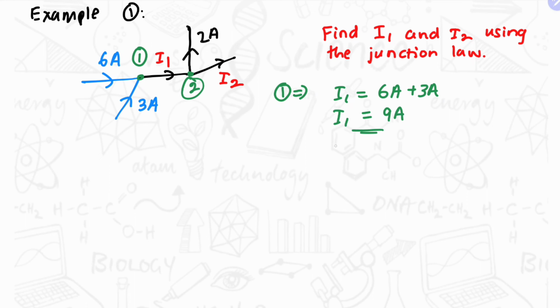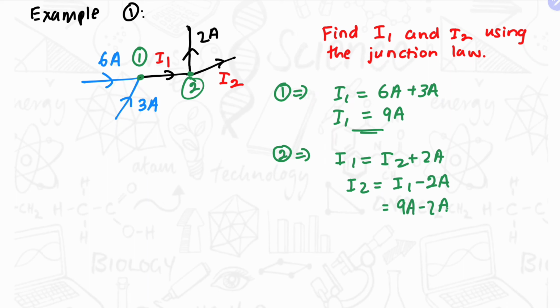And if we consider the second junction, we can say that I1 is equal to I2 plus 2 amperes. Therefore, I2 is equal to I1 minus 2 amperes. Since I1 is 9 amperes, we will get the answer I2 is equal to 7 amperes.